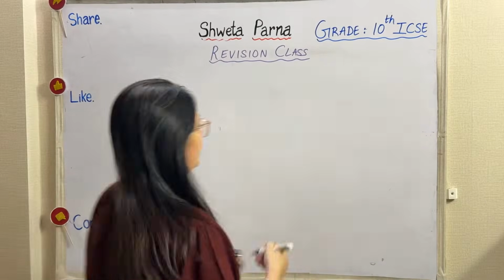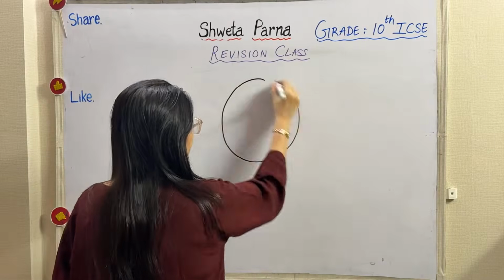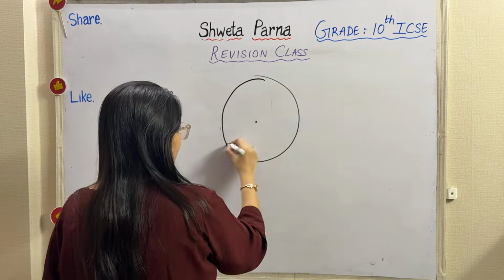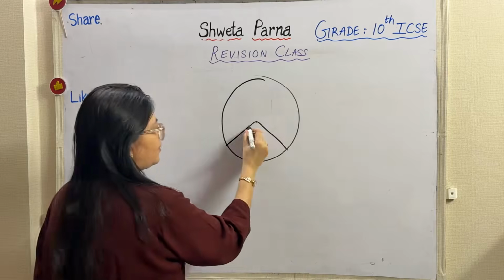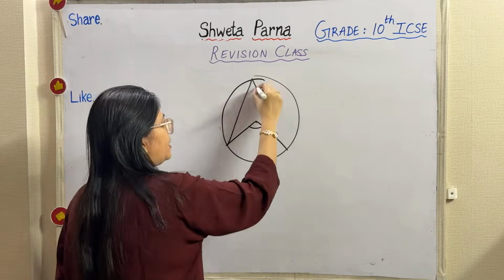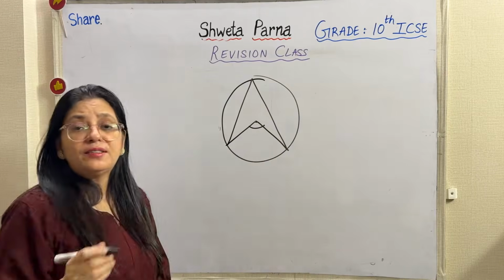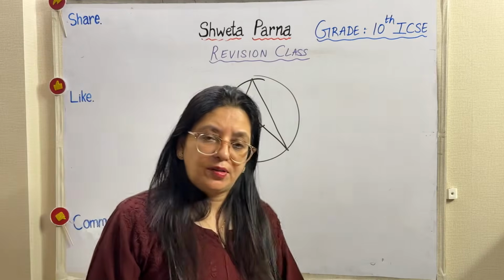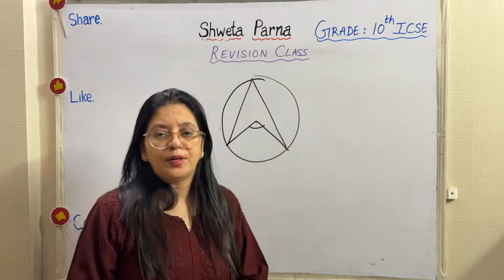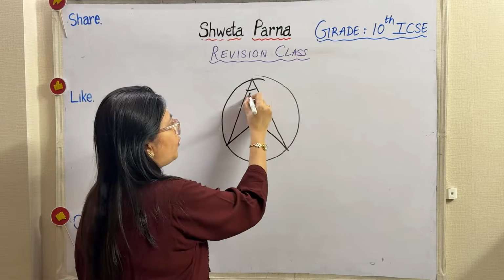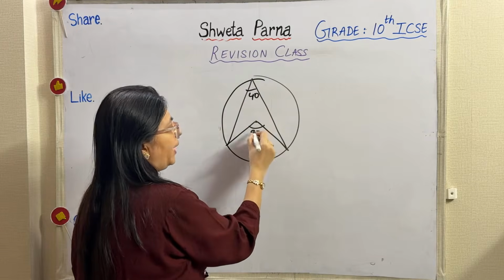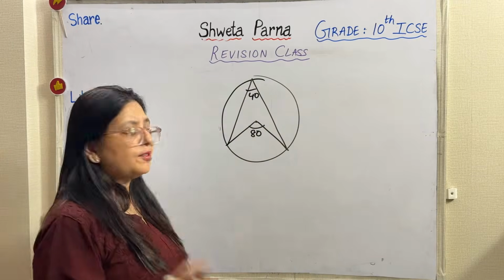The first theorem says that the angle subtended at the center is double the angle on the remaining part of the circle, or on the circumference of a circle. So if this is 40 degrees, this will become 80 degrees. This is the first theorem.